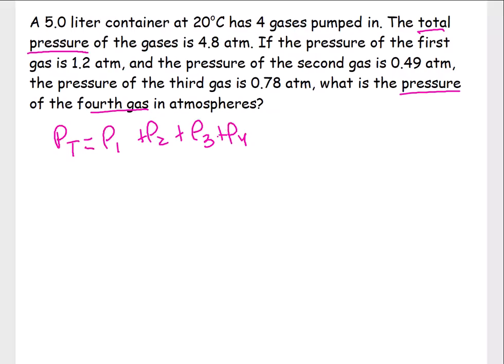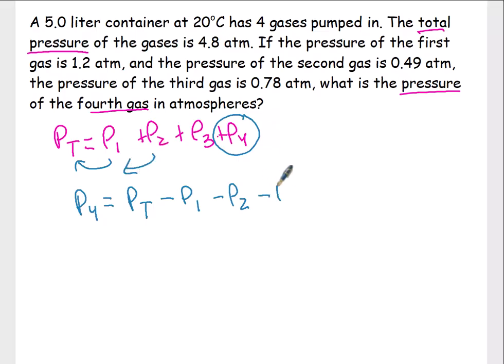Since I'm trying to solve for the pressure of the 4th gas, I can rearrange and say P4 is equal to PT minus P1, because I need to get P1 over to this side, minus P2, because I also need to get that one over, minus P3. Because when I get rid of 1, 2, and 3, then I'm going to be left with P4.